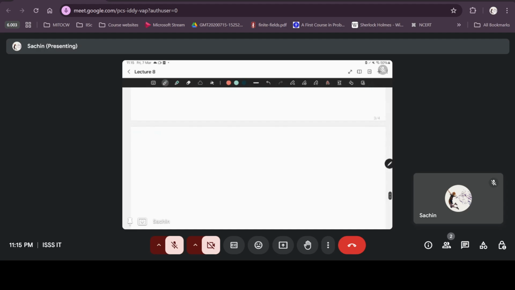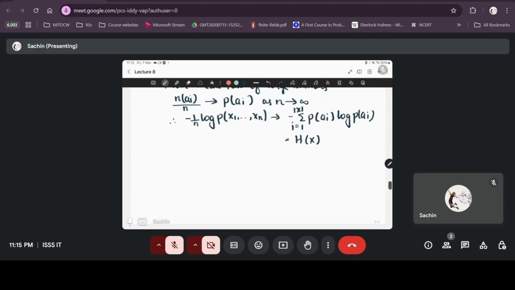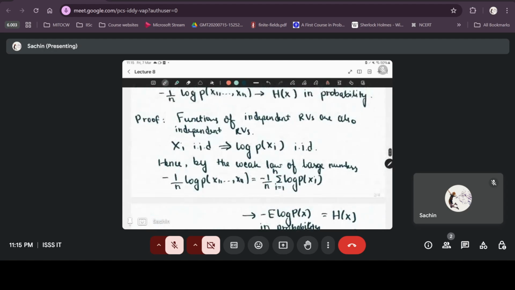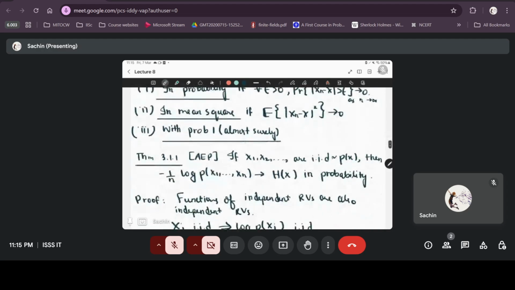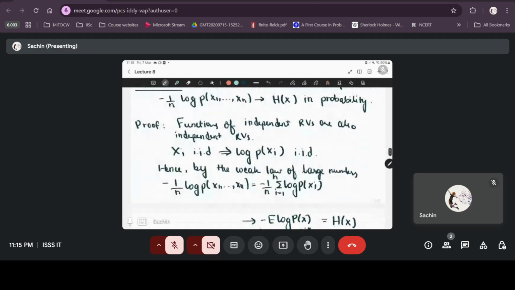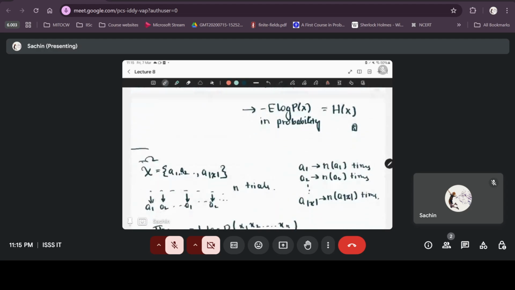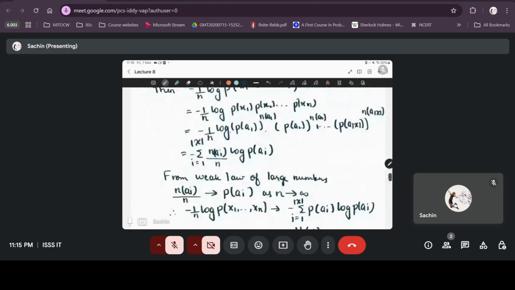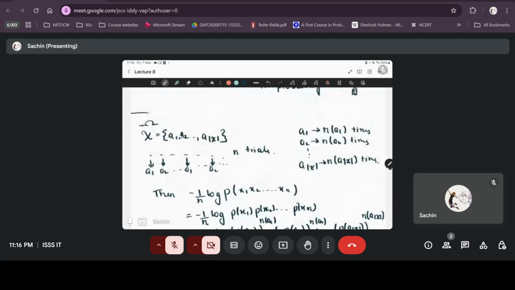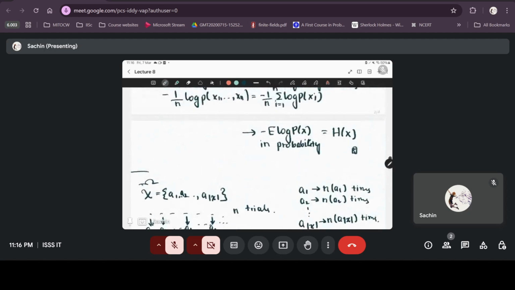Now, once we know this, we move to the topic of typical sets.